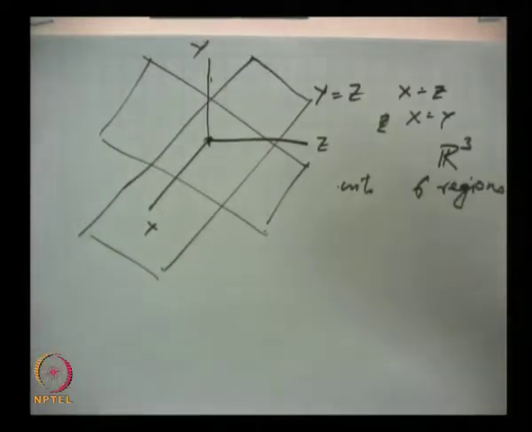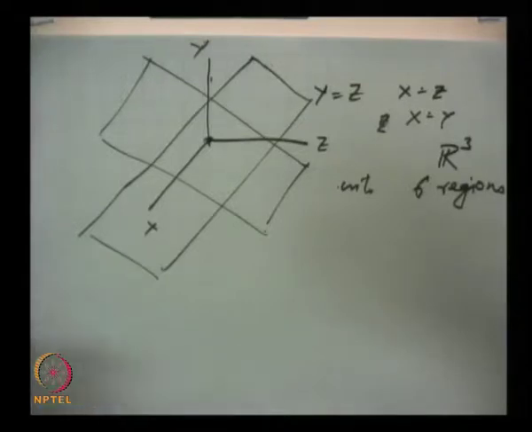Can you see why? When you start, the first plane is dividing into 2 parts. Then you add one more, it divides into 4 parts, right. But then when I add the third one, it is not 8 parts.